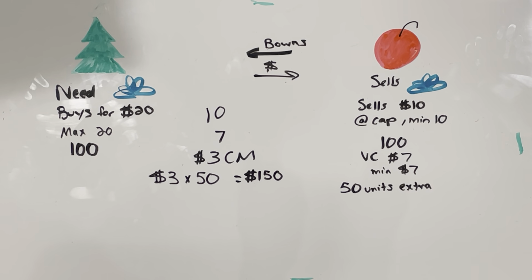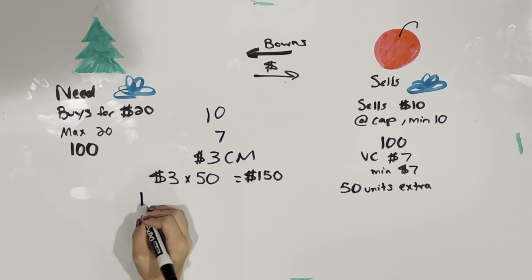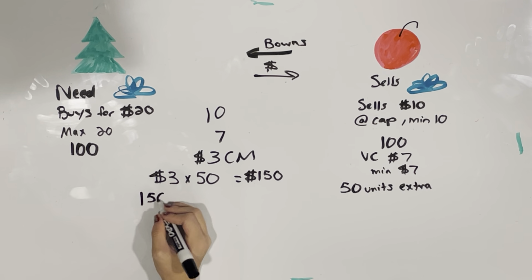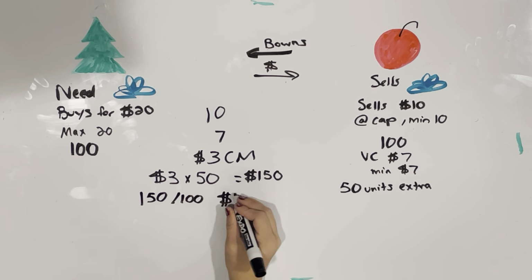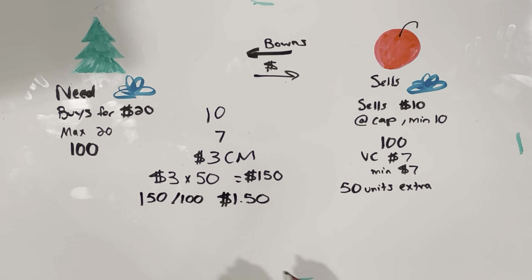Now let's spread that contribution margin out over all of the units that they would be sending over to the tree department. $150 divided by 100 units is $1.50 per unit. So we're going to assign $1.50 to each of the 100 units that is heading over to the tree department.